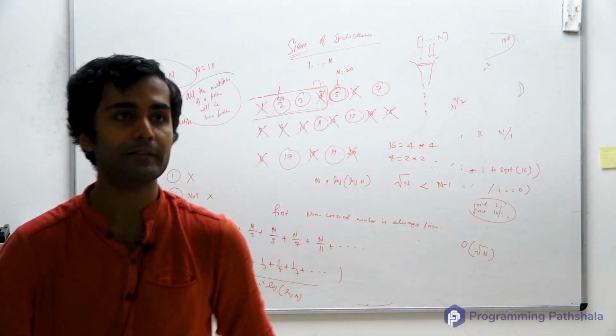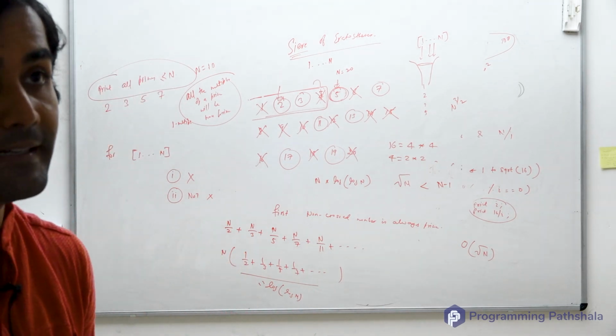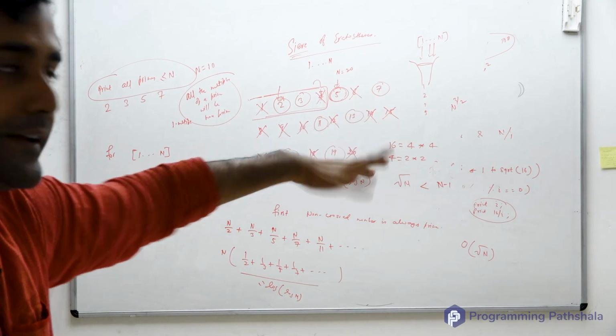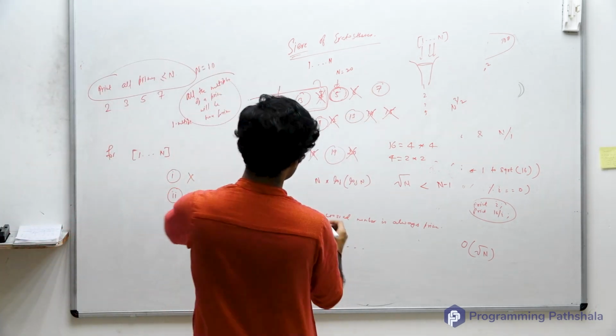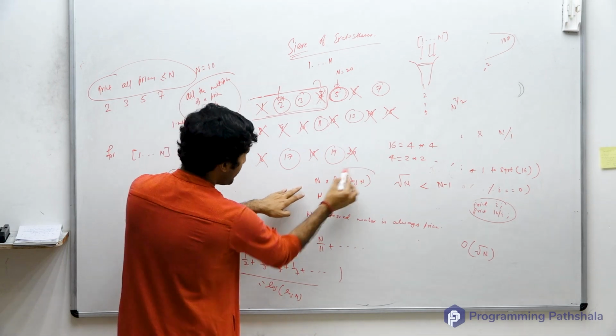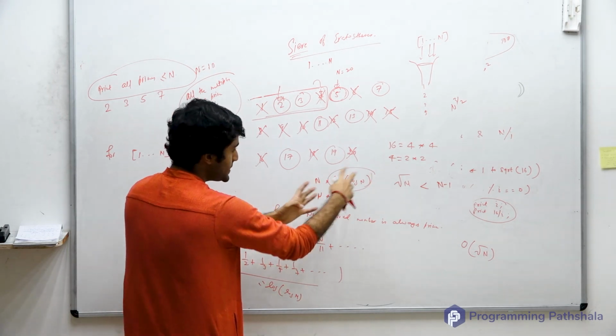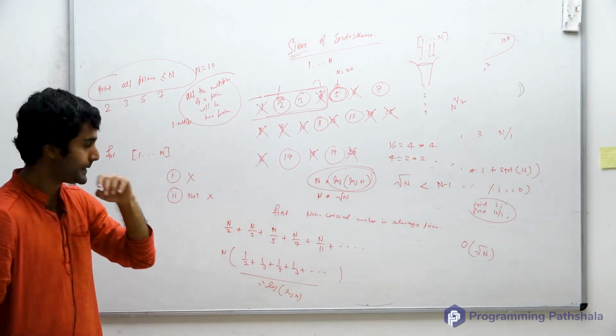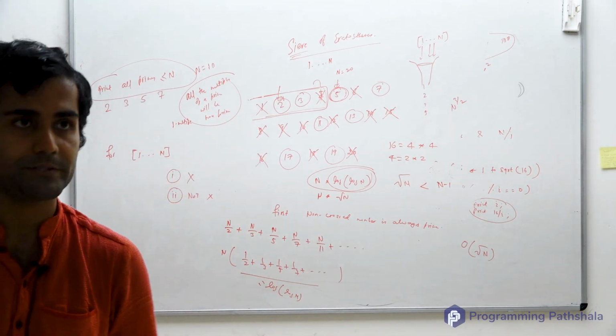This indeed is, right? Because n into square root of n was the previous one. And we know that log log n will be even smaller than just log n. So this is a much better approach to find out the prime numbers.